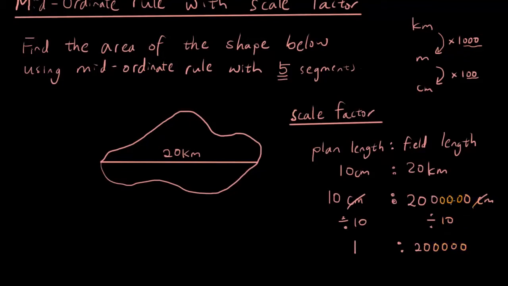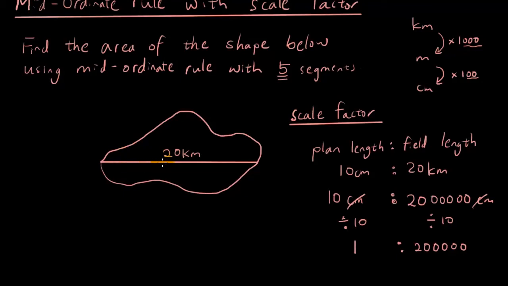Okay, because there are 6 zeros here. So it's 1 to 200,000. So what that means is 1 centimeter on this map is 200,000 centimeters in real life.